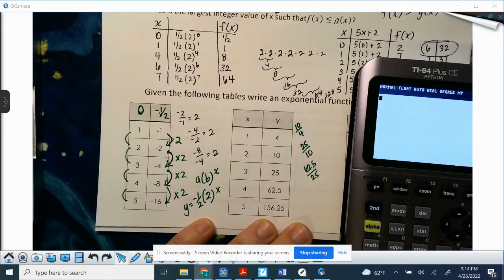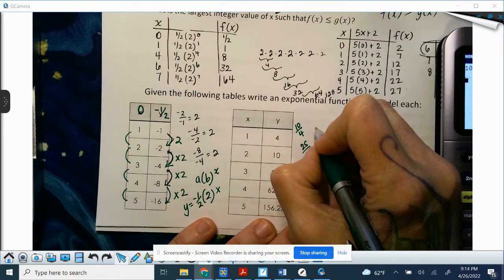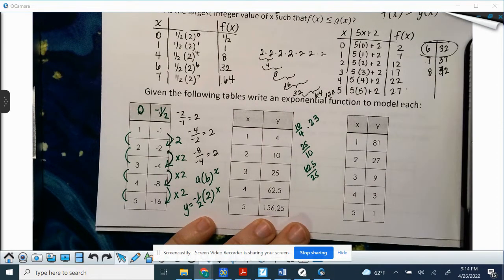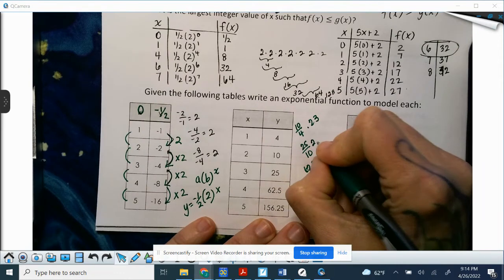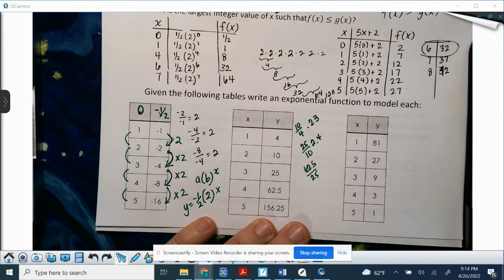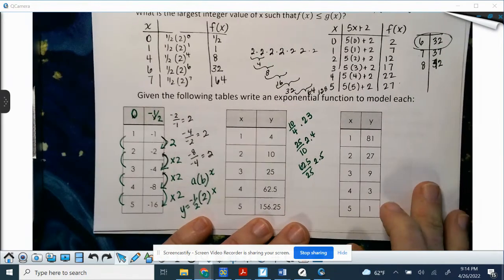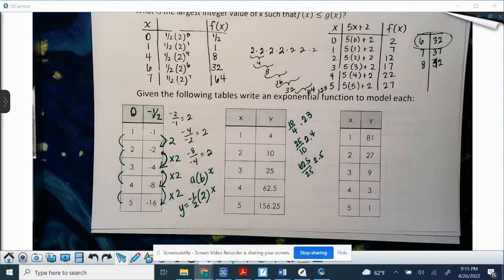So 10 divided by 4, I get 0.23. 25 divided by 10 is 0.24 or 2.4, and 62.5 divided by 25 is 2.5. So it doesn't look like that it's actually even an exponential function. So this one is not exponential.